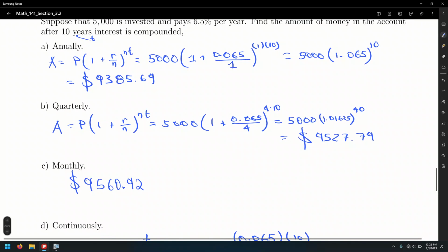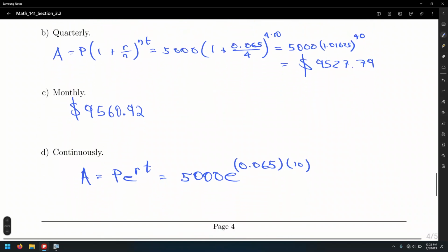Once a year, 9,300, and then if we do it quarterly, that goes to $200 roughly additionally, and roughly the same. And over here, it's still around 9,500, and that's 9,577.70. All right. So.